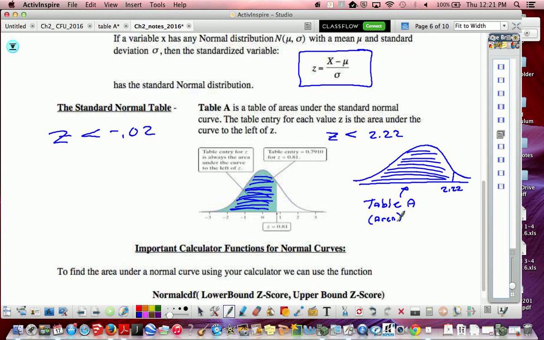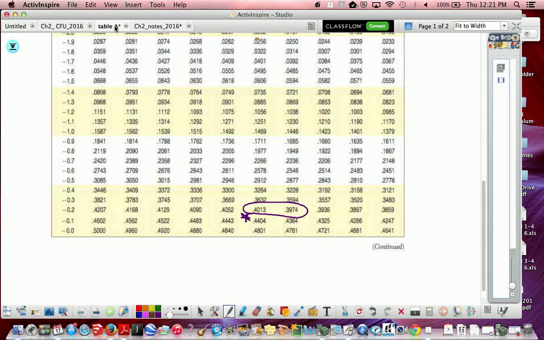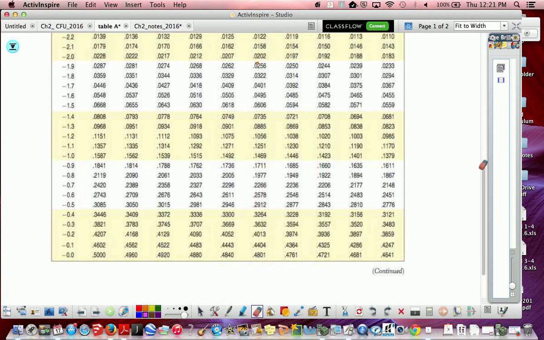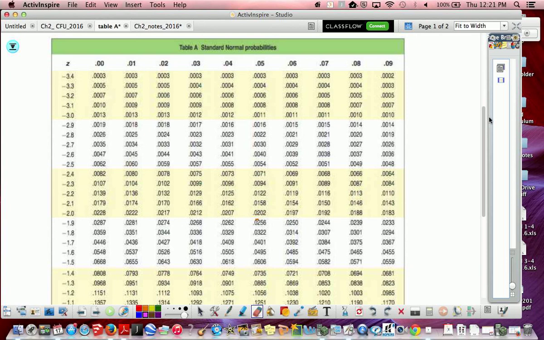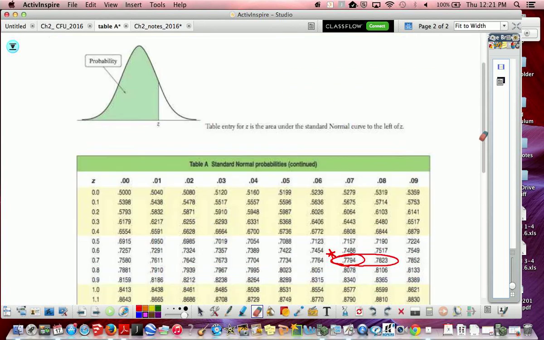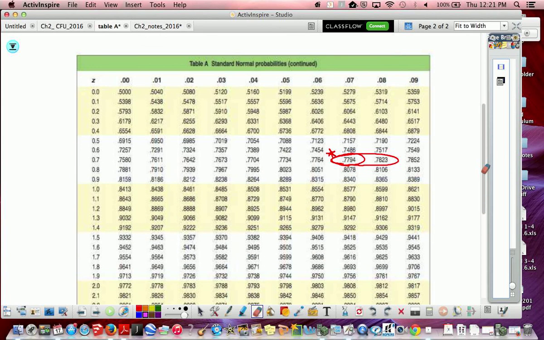So, when I look at table A, you have two sides of it. One of the sides is negative z-scores, so you'll see all these negative values. And then you'll see a side that has positive values. If you're above the mean, go to the positive side. If you're below the mean, go to the negative side.